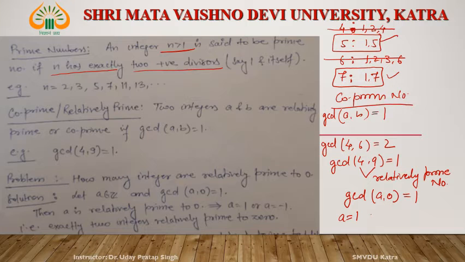A is either 1 or minus 1. Then these two numbers, 1 and minus 1, are relatively prime to 0, right? It means how many integers are relatively prime to 0? That is 2. Two integers are relatively prime to 0.